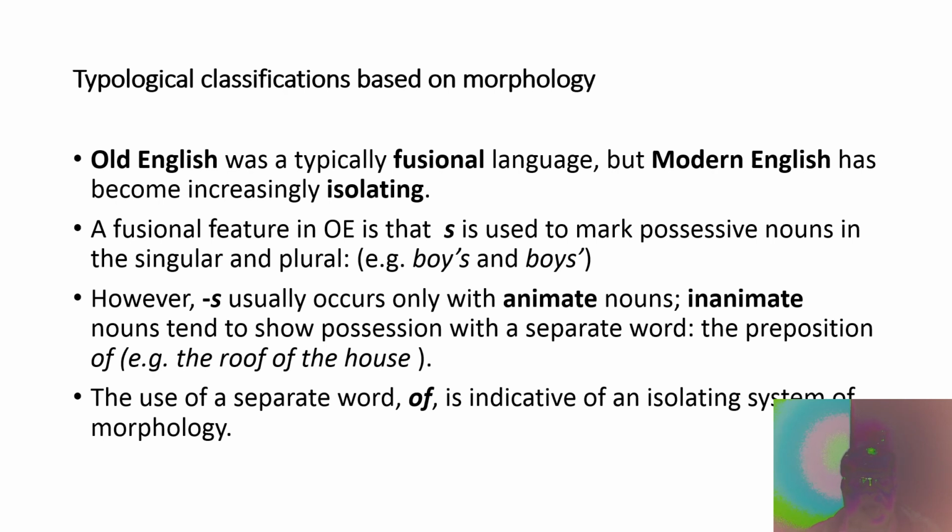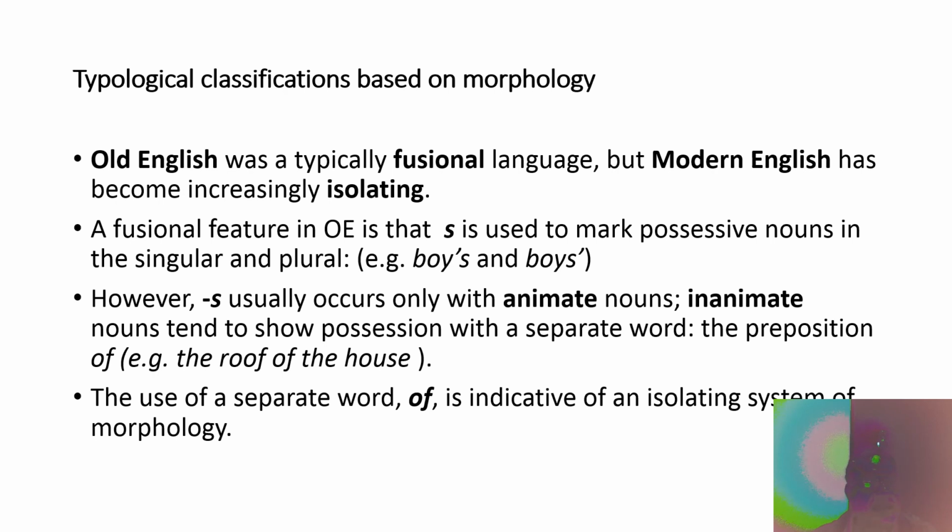A fusional language is a language where the morpheme is part of the word. Let me give you an example of the apostrophe S morpheme which expresses possession. We can say, for example, the boy's book or boy's books.